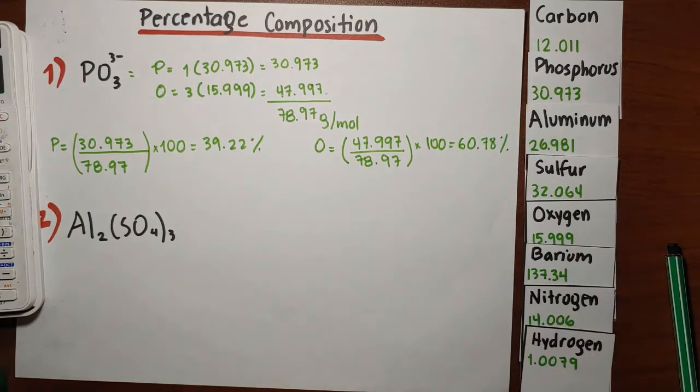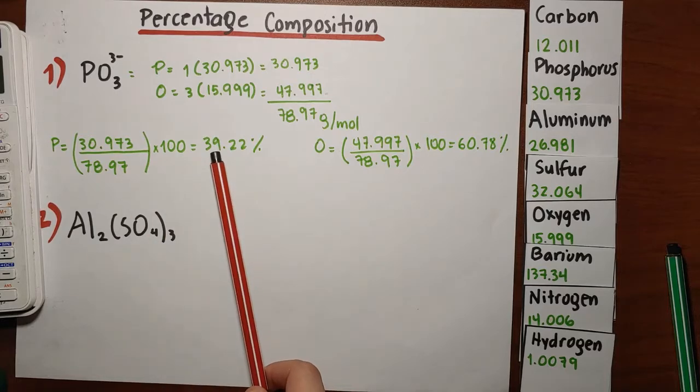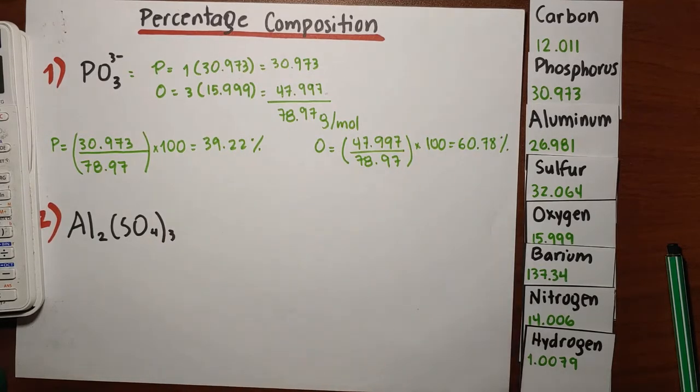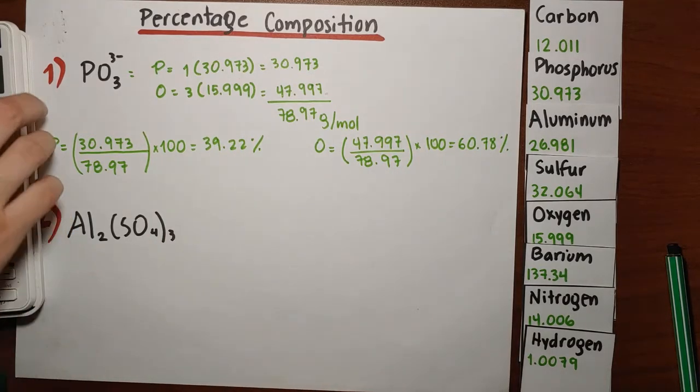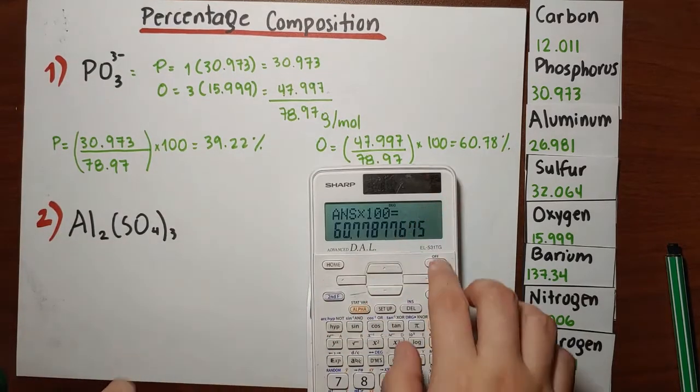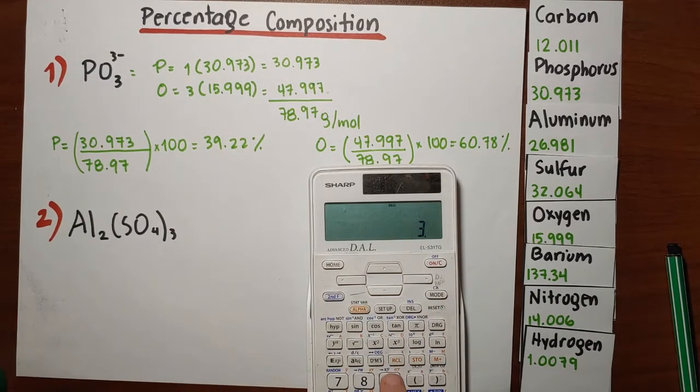How can you be sure if you did it right? If you add them, this plus that should give you 100. So let's see if it gives me 100. 100. So we can continue.